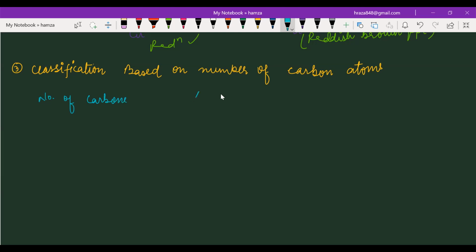If aldehyde is present in the carbohydrate, what will be its name? And if ketone is present, what will be its name? If the number of carbon atoms is 3, the name will be aldotriose. And if a ketone group is there, it will be ketotriose.